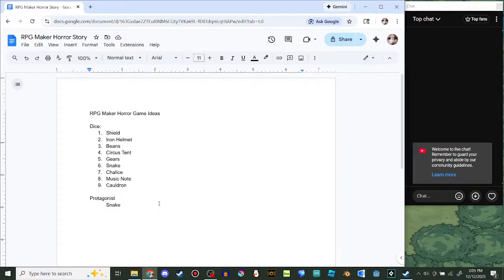This is tricky. Okay, so snakes shed their skin. A snake is being haunted by the skin that it has shed.